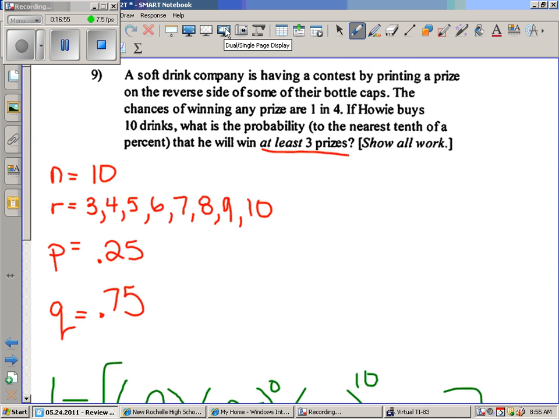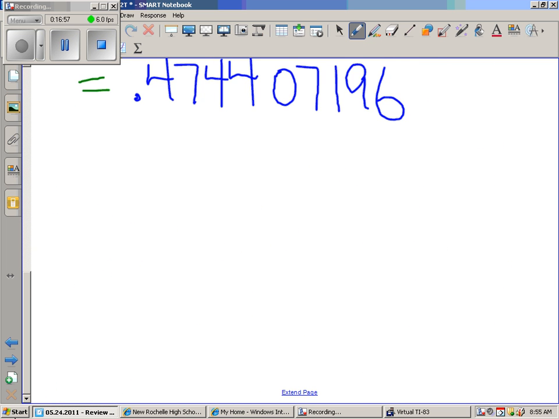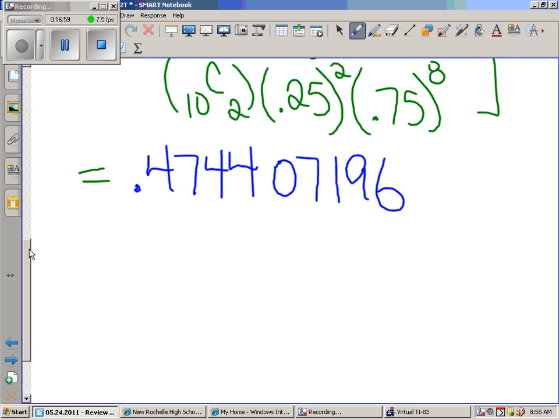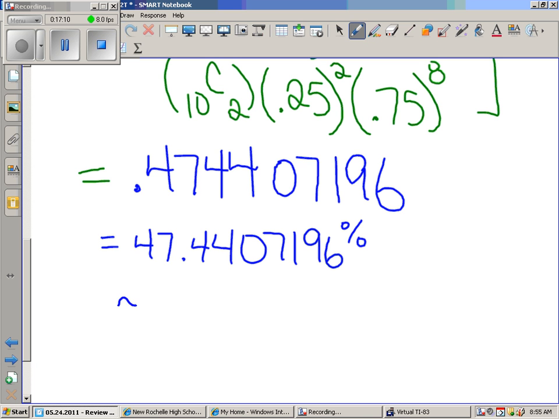Okay, let's go back up to the big screen. If you convert this to a percent, it's going to be 47.4407196%. And then how much is that to the nearest tenth? 47.4. And that's your final answer.